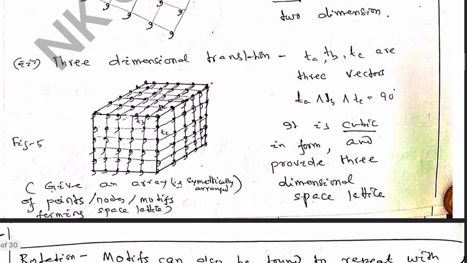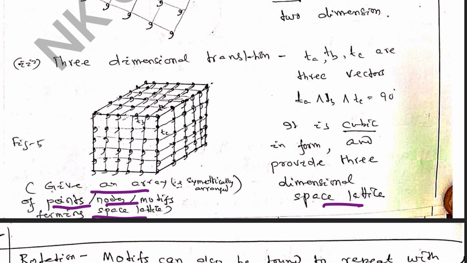It gives rise to a cubic structure, or we can say it is a type of space lattice, which is the cubic space lattice, and it shows an array of points where the points or nodes are repeated.